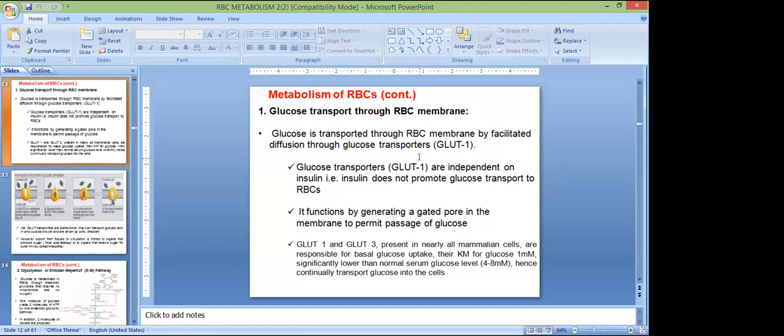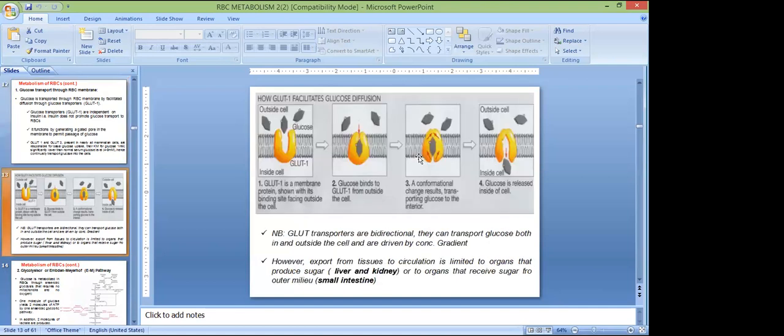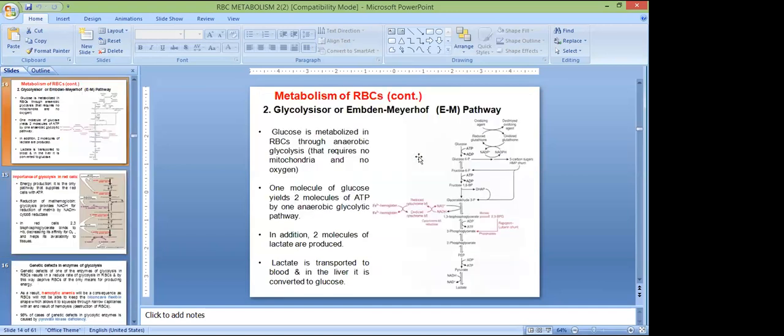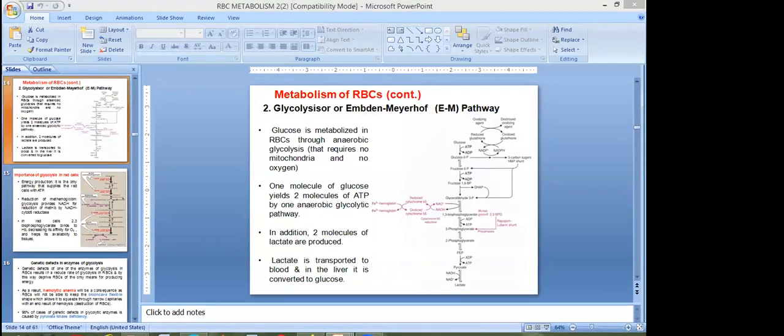You'll notice that in the brain, we have GLUT1 and GLUT3, in the neurons. So the brain doesn't need insulin to take glucose from the bloodstream, as Bhagwat mentioned yesterday. So RBCs, with GLUT1, do not need insulin to take glucose from the circulation. Once they take that glucose, we go back to glycolysis again: glucose to glucose 6-phosphate, all of that.